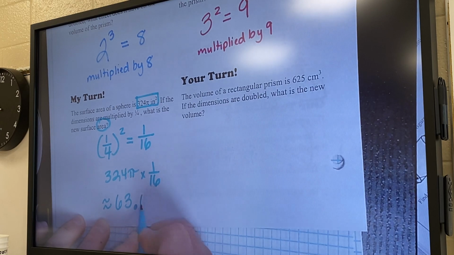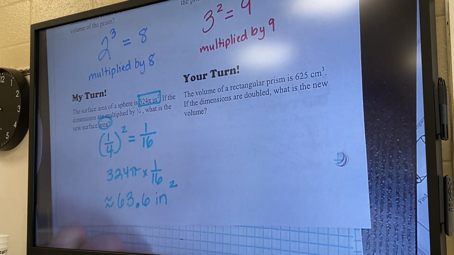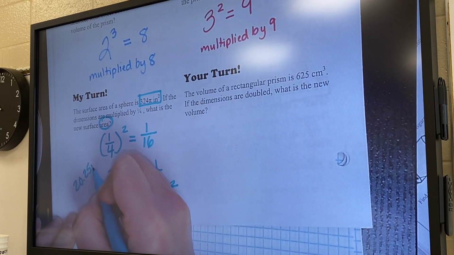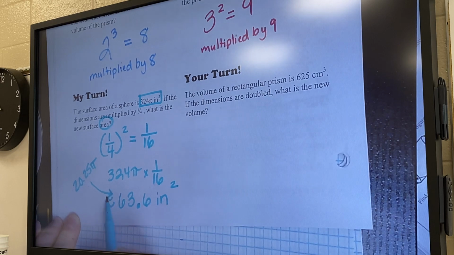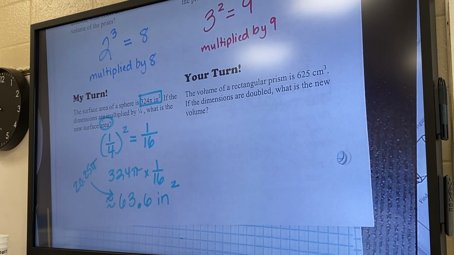All right, 63.6, and it's area, so inches squared. If you wanted to know that as pi, that's 20.25 pi. Just in case you was curious. Alright, y'all do the next one.